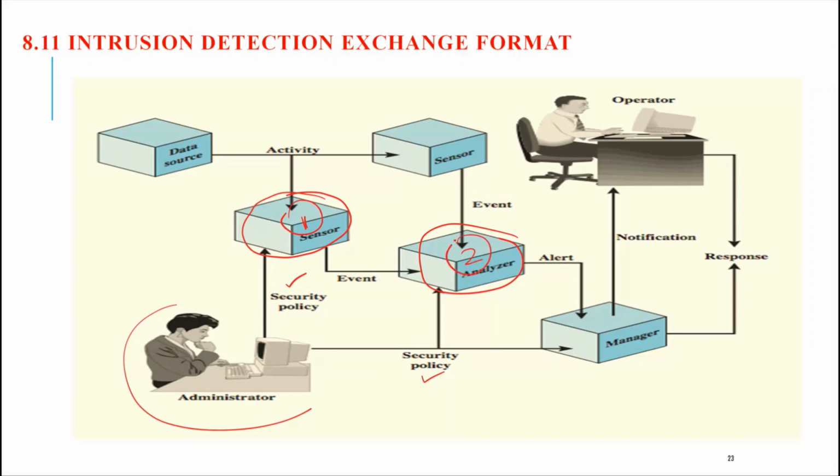The sensor is collecting the data, that means whatever is going on in your network, all the activity will be recorded or captured by the sensors. Then from the events and activities, the sensor sends them to the analyzer. If it finds something unexpected, any deviations, it sends it to the analyzer software.